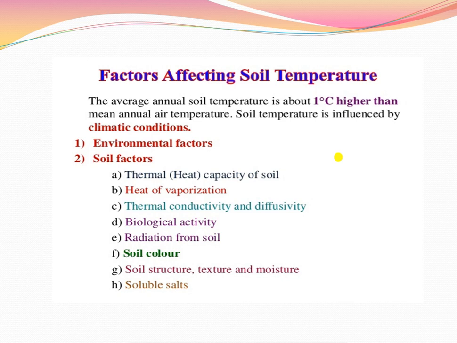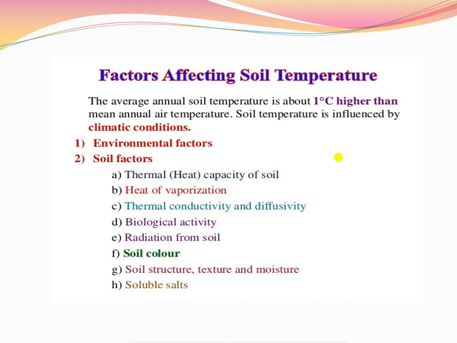We all know the average annual soil temperature is about 1 degree higher than annual air temperature. Soil temperature is influenced by various climatic conditions, that is, number one, certain environmental factors which contribute to increasing the temperature of soil.